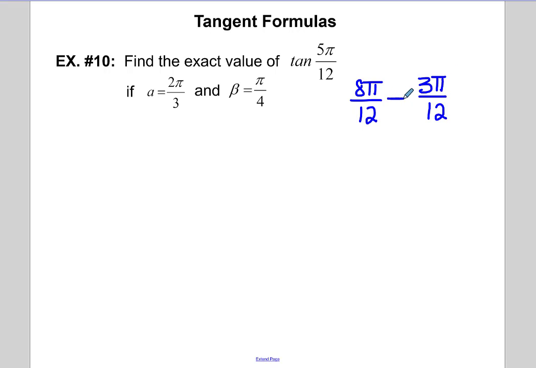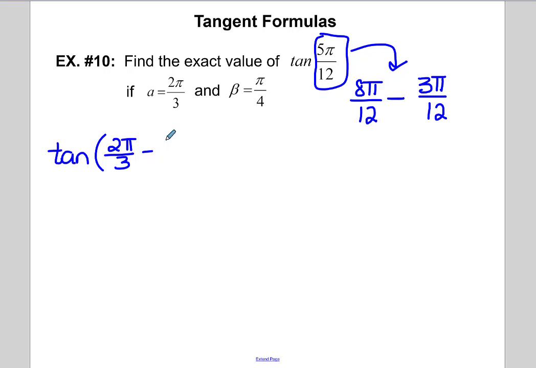So if we subtract those, we'll get the 5 pi over 12 that we want, right? So we want to use the tangent of 2 pi over 3 minus pi over 4.